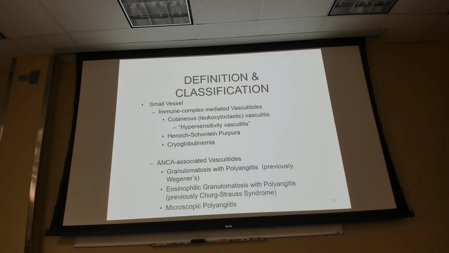Small, so we're talking about immune complex mediated. Cutaneous, so that's hypersensitivity of the vessel. That can be some of the HSP, so Henoch-Schönlein purpura. We can also have that be occurring with the ANCA. So, yeah, names.